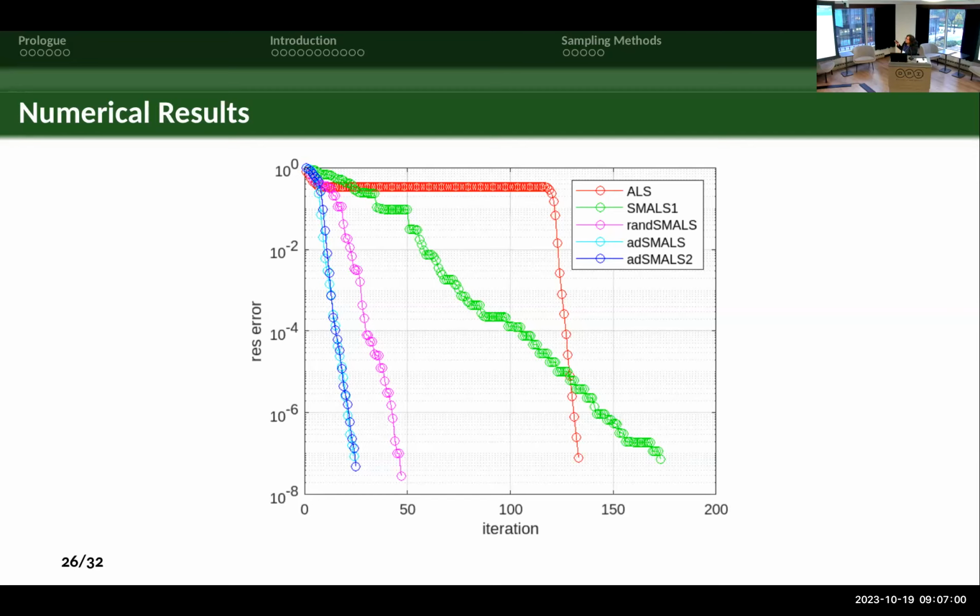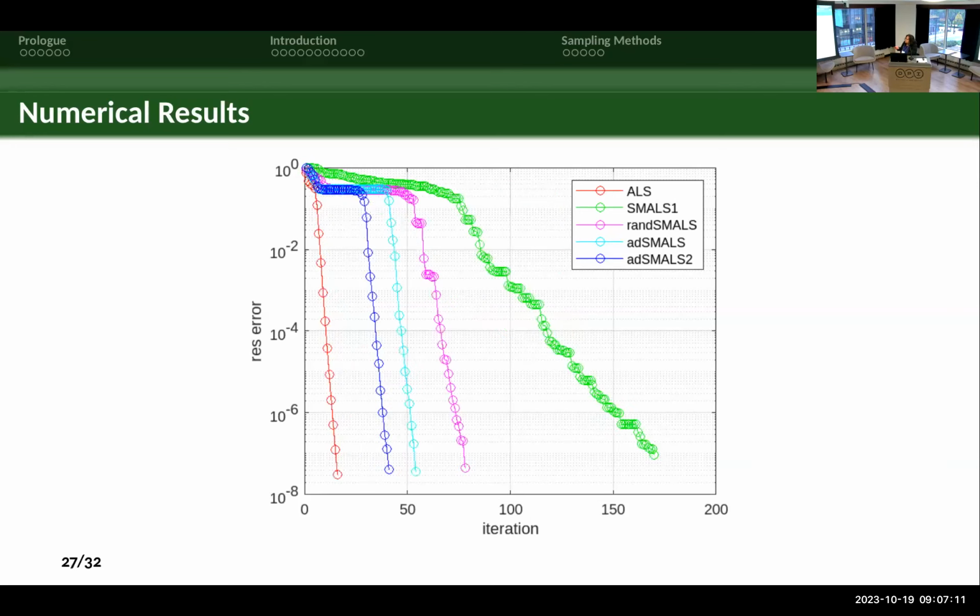But it performs okay. If there is a swamp for ALS, then potentially it could beat it, could get out of that swamp. However, if there's no problem with ALS, sometimes it cannot beat ALS, right?